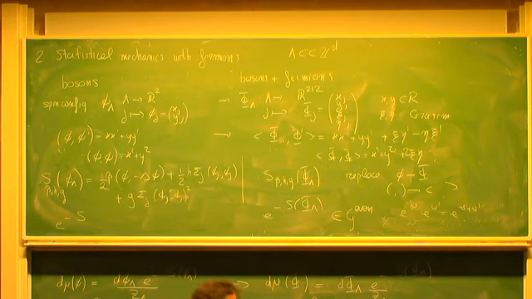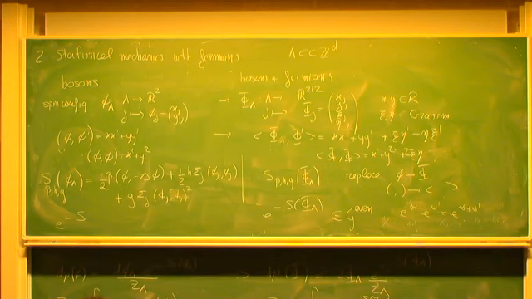The bar has to do with the fact that I have two real and two Grassmann variables. Here I have a product over j of d phi j, and that means dx dy d psi d psi bar, and to get the right normalization I have to divide by 2 pi. There is another convention where you define directly the integration of the Grassmann variable to have a factor 1 over square root of 2 pi.